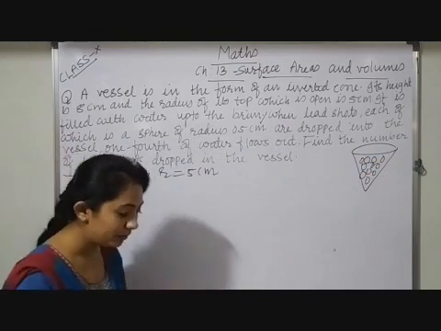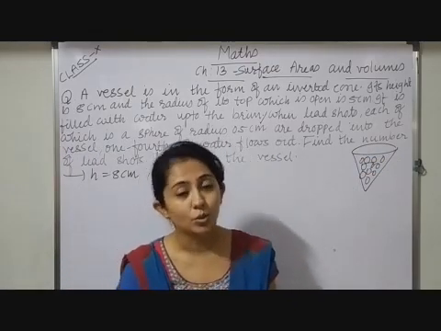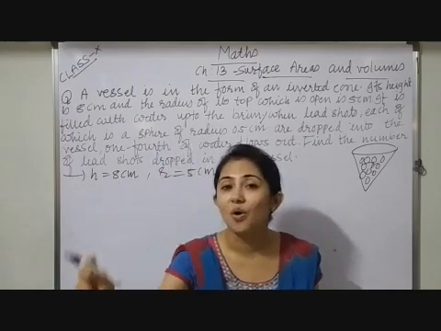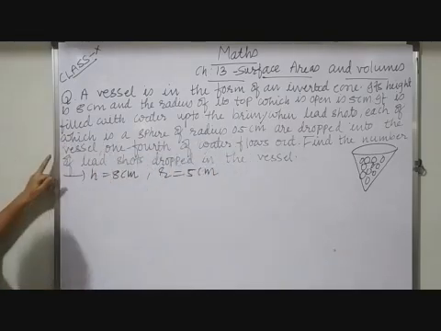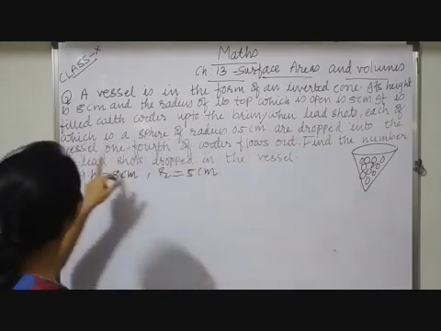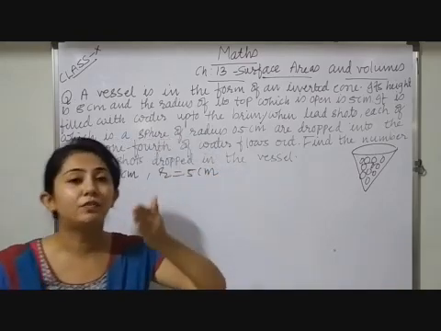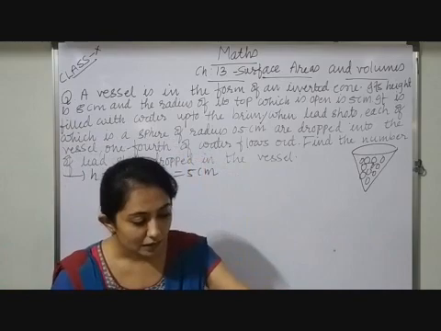It means the volume of water that flows out is equal to the volume of lead shots, which is equal to 1/4 of the volume of water, because the question specifies that when you drop lead shots into the vessel, 1/4 of the water flows out.